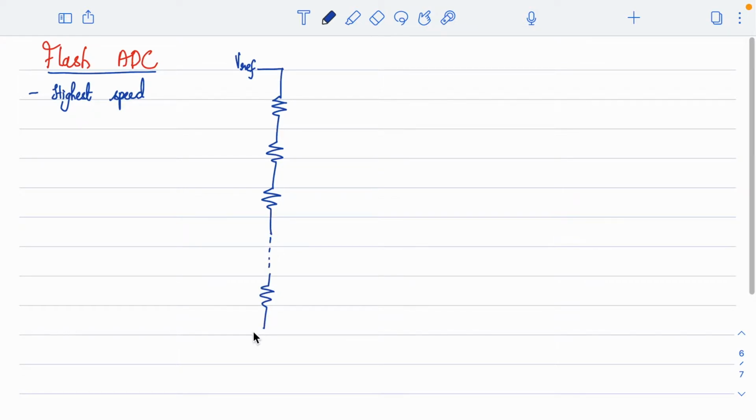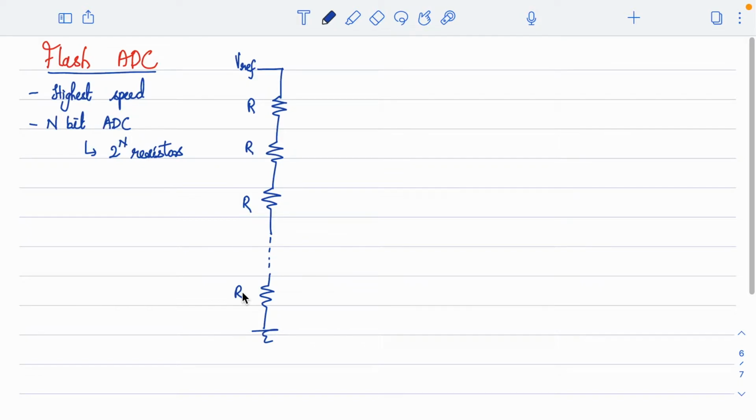For an n-bit ADC, we will have 2 to the power of n resistors, all of the same, equal value.